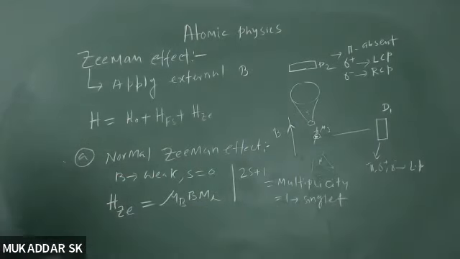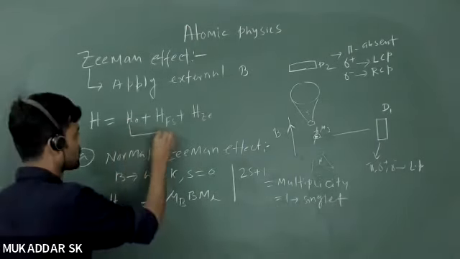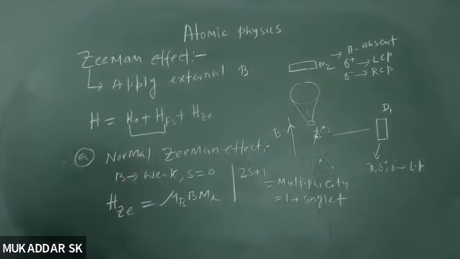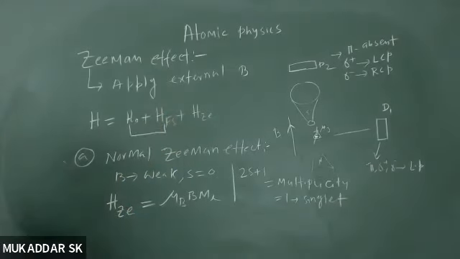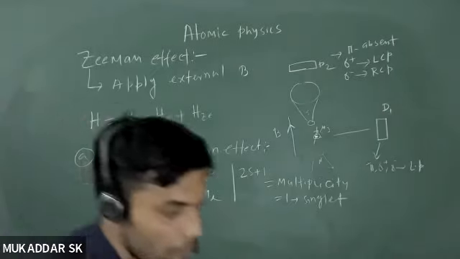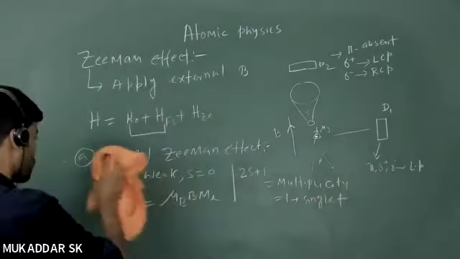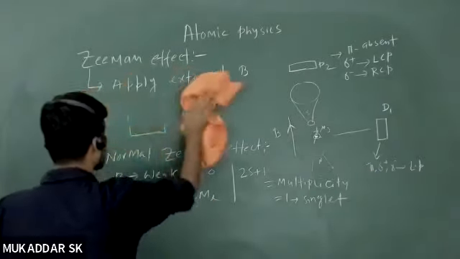Now let us assume for the time being that H naught plus HFS, that Hamiltonian, will provide you some energy, that is E naught. So now total energy will be how much?